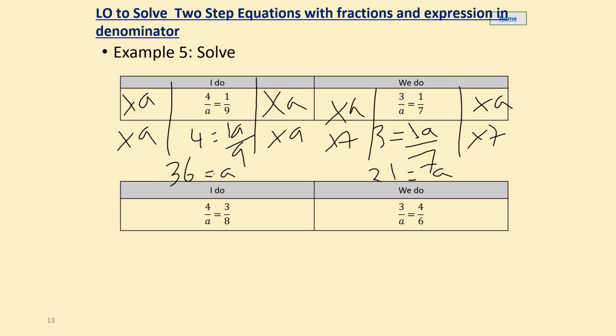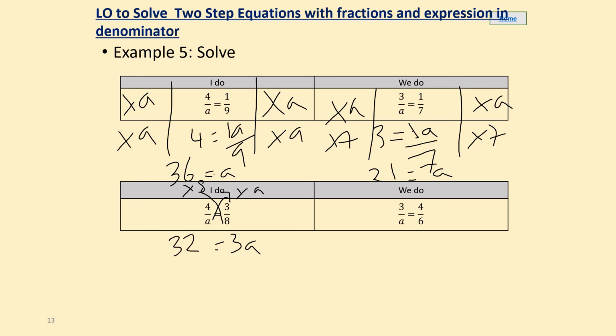Okay, there is another way you could do it. You could multiply by A, and you could also multiply by 8 at the same time. So you're multiplying diagonally. 8 times 4 is 32.